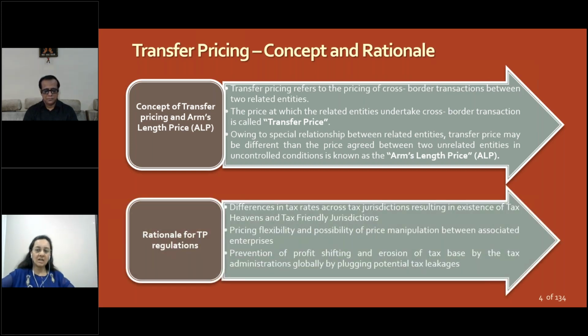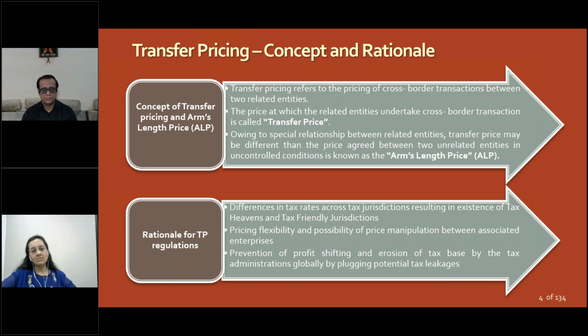Why did transfer pricing come into our law? Transfer pricing came into our law because globally there was a shift, and globally countries started to realize that multinational groups with entities in various jurisdictions were able to manipulate the price between themselves so as to move profits from a high tax jurisdiction to a low tax jurisdiction or to a more tax friendly jurisdiction.